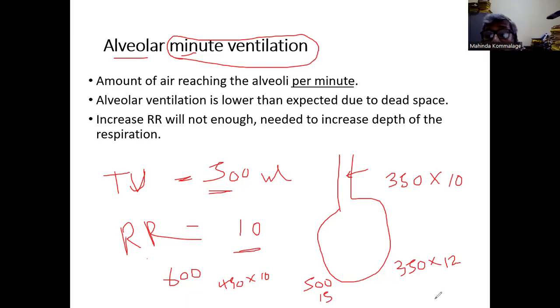There also alveolar minute ventilation increases, but compared to this, you can see the problem. Right? So therefore, dead space ventilation is an important consideration when we want to monitor a patient through artificial ventilation. Right? So think about that.